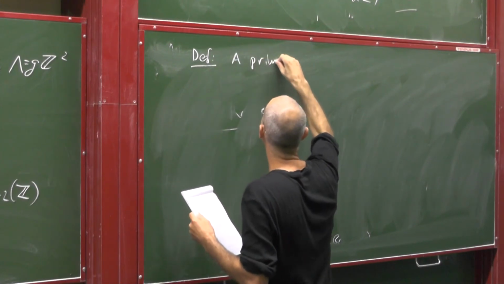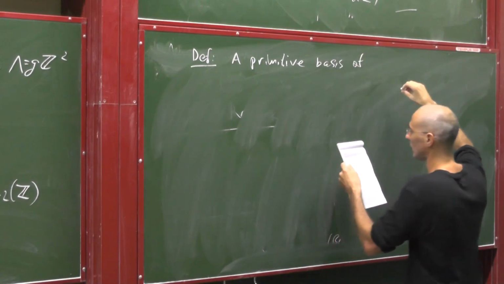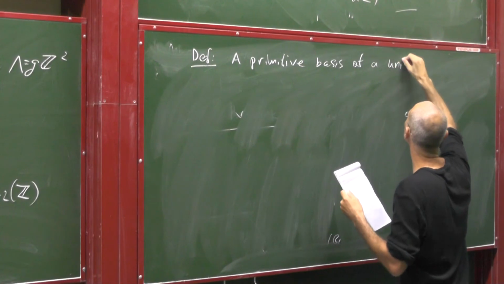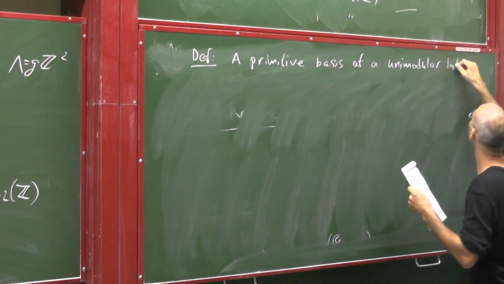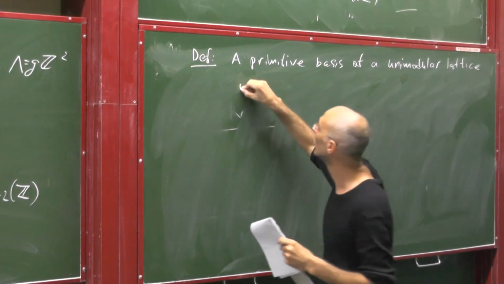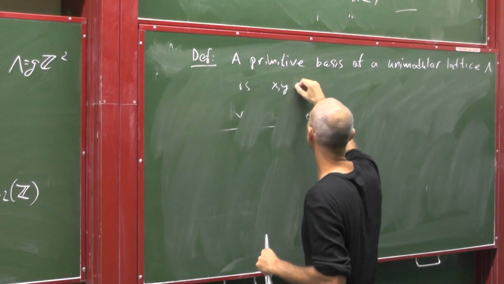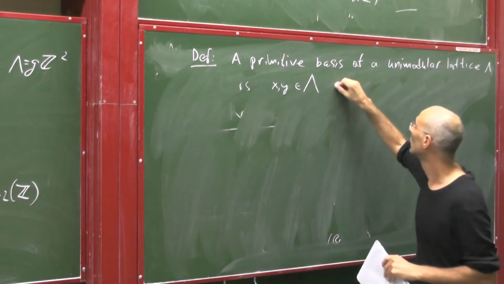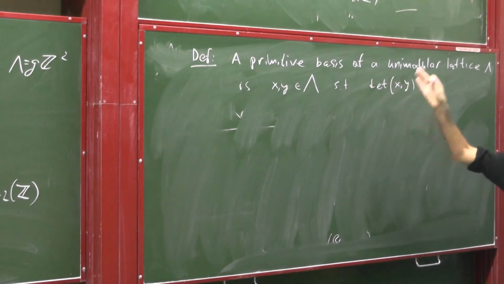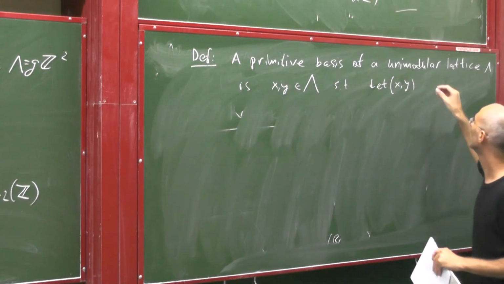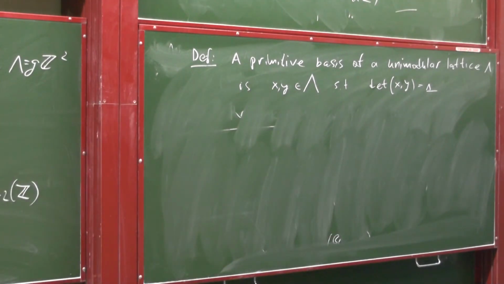A primitive basis of a lattice, maybe of a unimodular lattice, is x, y elements of lambda such that the determinant of the matrix that I write with x, y as column vectors is a unit.